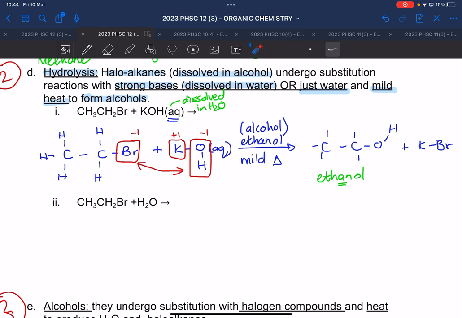How many carbons are there? Two. And what do we have between the carbons? Single bonds, so what's that called? Ethane. Then you see that bromine, what's that called? Where does it go? Put it together. Is it necessary to say 1-bromo? Because if it's on the second one, it's still going to be 1-bromo. So this is called bromoethane.